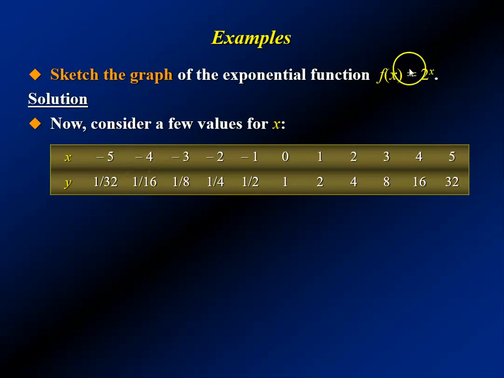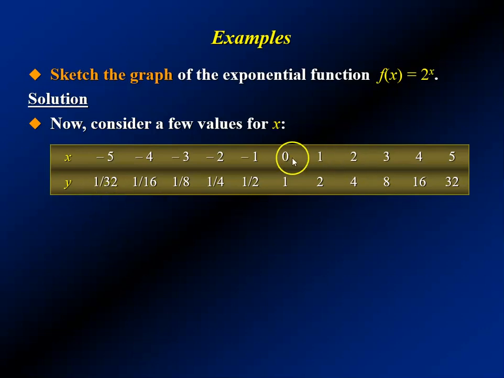You just substitute the value of x into the function f of x, which is 2 to the power of negative 5. With a negative exponent you take the inverse, so it becomes 1 over 2 to the power of 5, which is 1 over 32.